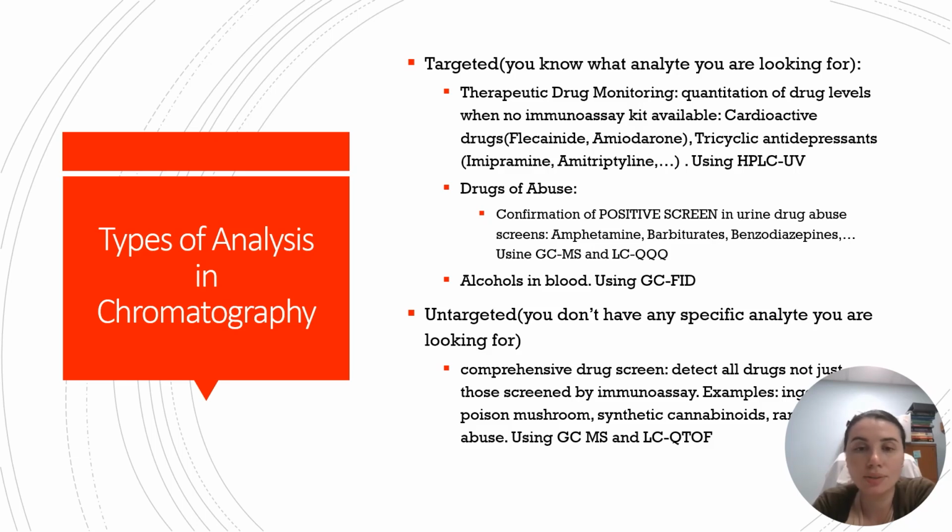And these are your comprehensive drug screens, where you detect all drugs that are present, not just those detected by immunoassays, and examples of analytes that might be covered in these analyses that you would miss with immunoassays: poison mushrooms, synthetic cannabinoids, or rare prescription drugs, or even recreational drugs.